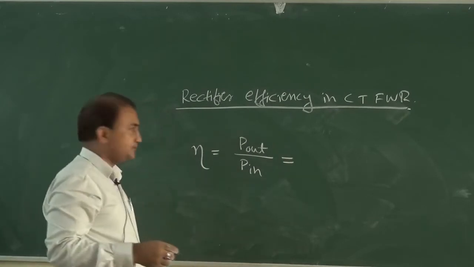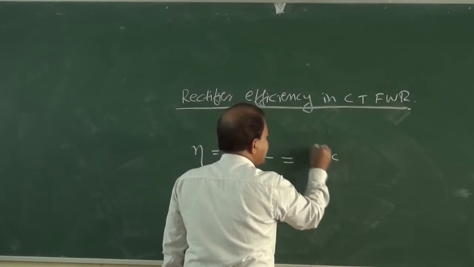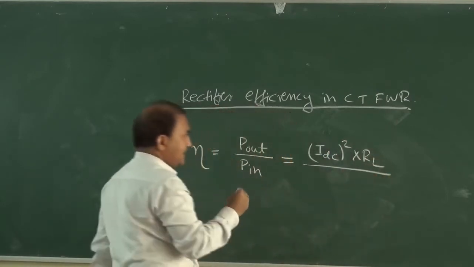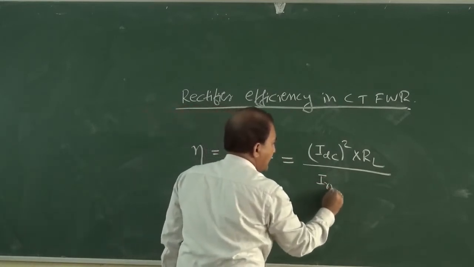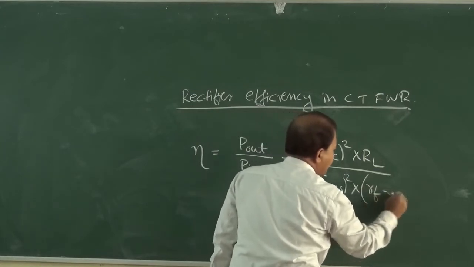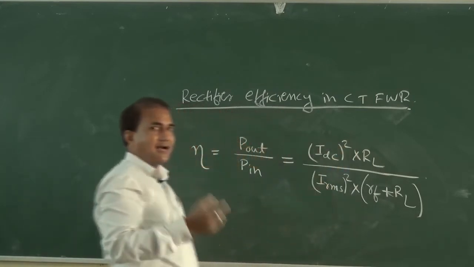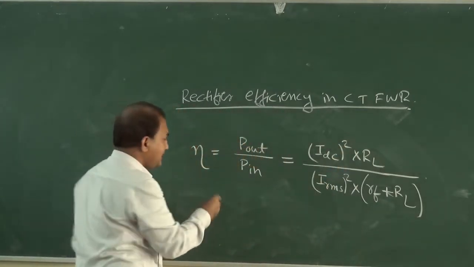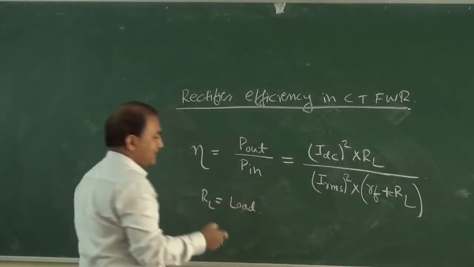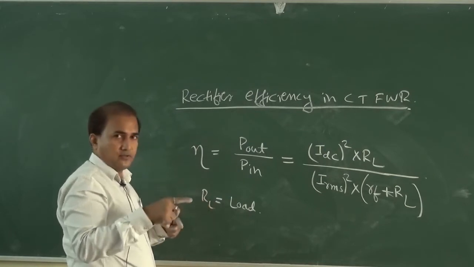P out is equal to IDC square into RL. P in is equal to IRMS square into RF plus RL. What is RL? RL is the load, across which we are measuring V output.